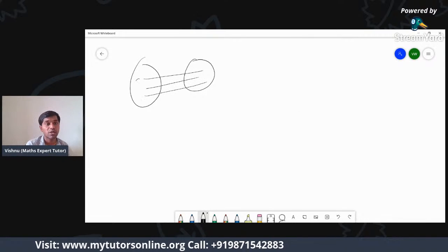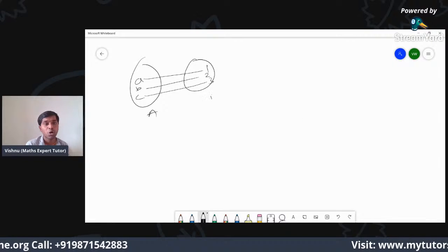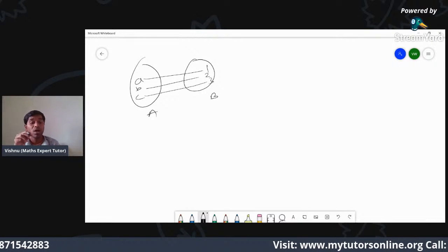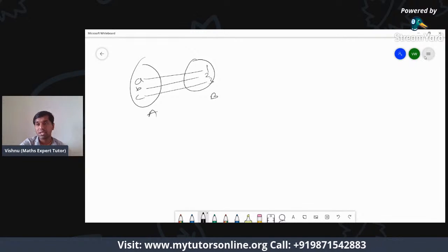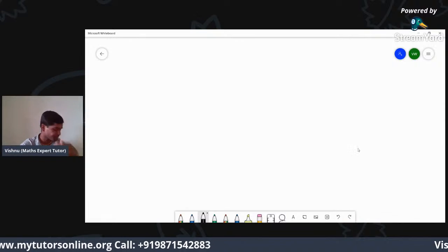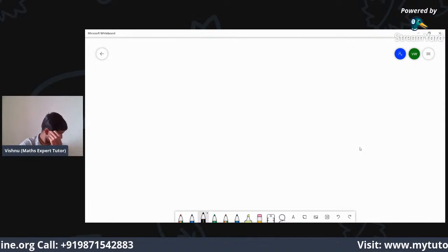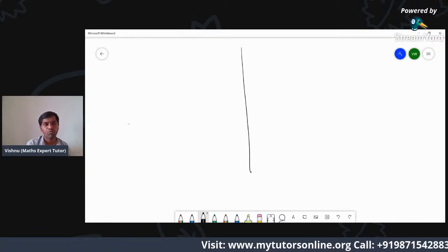Simply like this. For each value of set A, set B also has some value. This is called a one-one function. So we will see many-one and one-one very clearly.